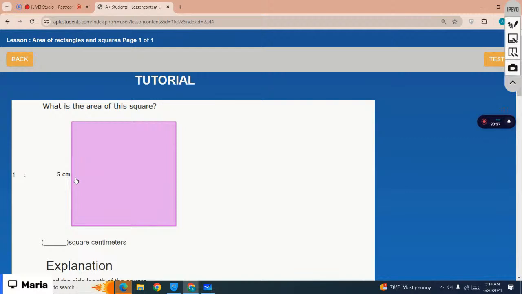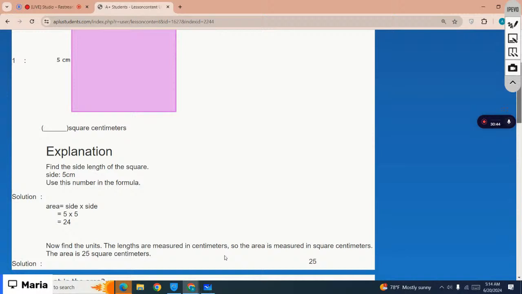Because square has all four sides equal in length. The correct option is 5 times 5, right? Side times side it is. 5 times 5 is 25. The correct option is 25.